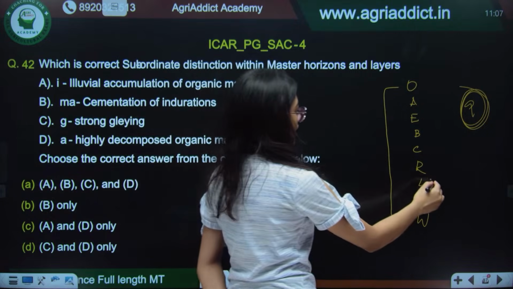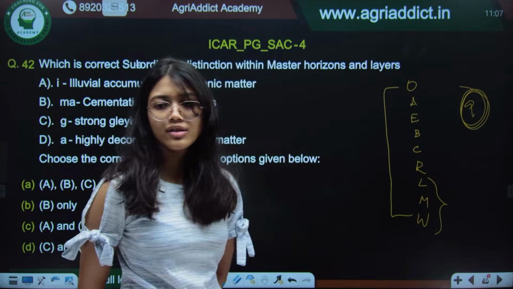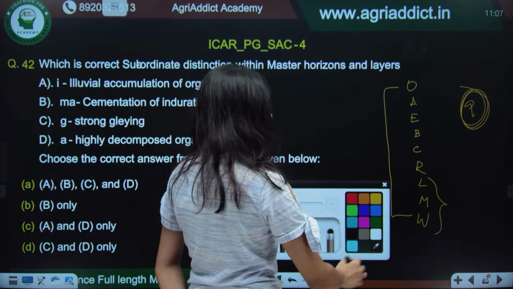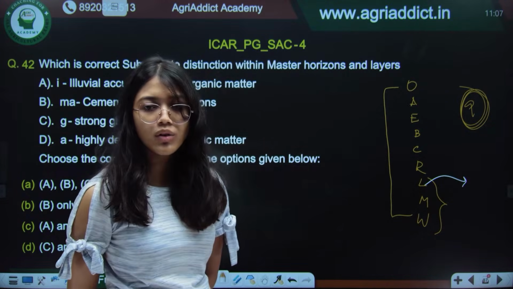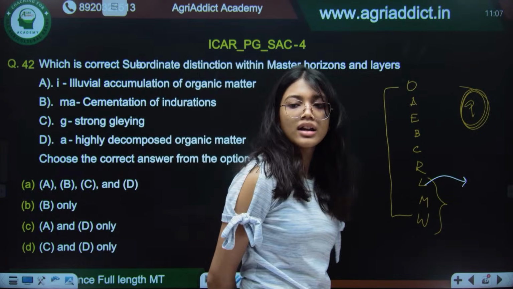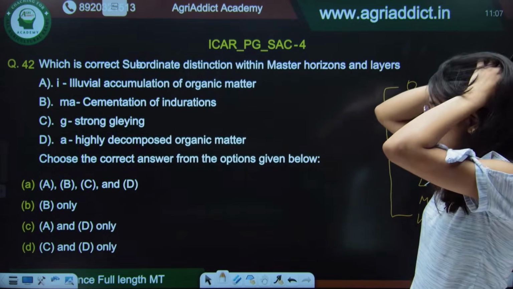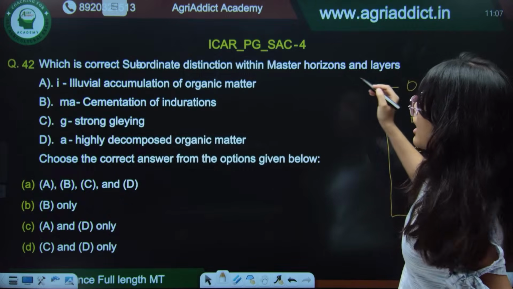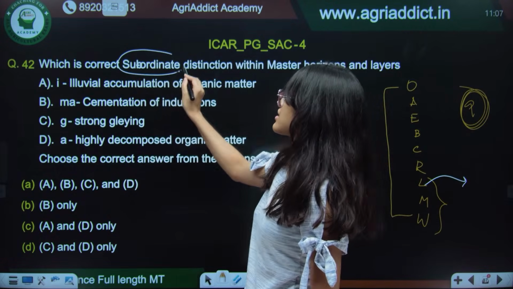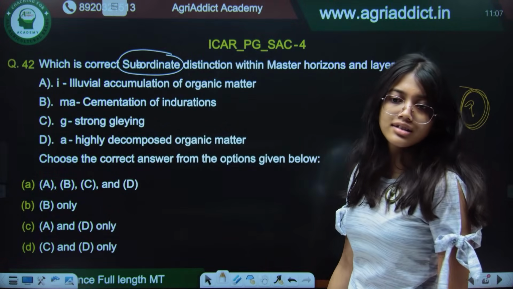This L, M and W people tend to forget. L is for the limnic material, M is for the root limiting zone and the other is for the geotextile fibers and all that. So, we are here concerned with only the subordinate distinction.